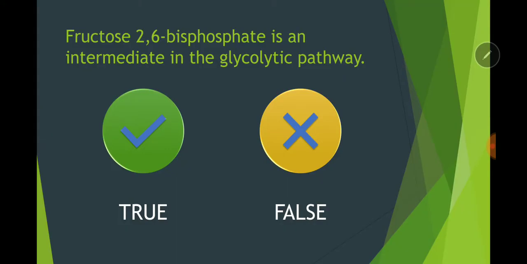All right. So a quick review about this statement. Is this statement true or false? Fructose 2,6 bisphosphate is an intermediate in the glycolytic pathway. Remember, I just repeated this. So this is false. Fructose 2,6 bisphosphate is not an intermediate in the glycolytic pathway.